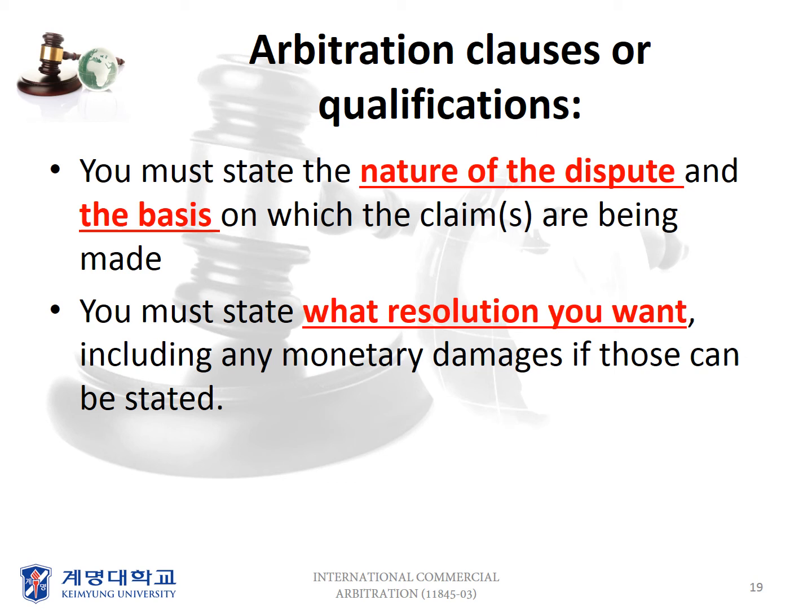Did the dispute really happen, or is one party just making money out of it? So you have to check. Another one is you must state what resolution you want. Both parties will be given a chance to suggest what kind of solution they want, including monetary damages if that could be the claim of the complainant.